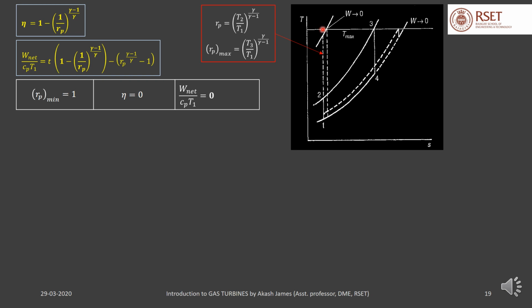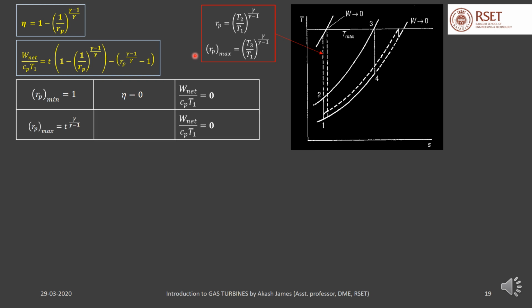And when states 2 and 3 coincide, the expansion process 3 to 4 will follow along the same line as the compression process 1 to 2. So once again, the net area enclosed by the cycle will be 0, and hence the net work output also will become 0.